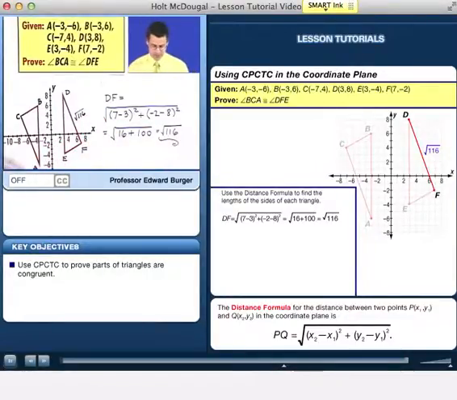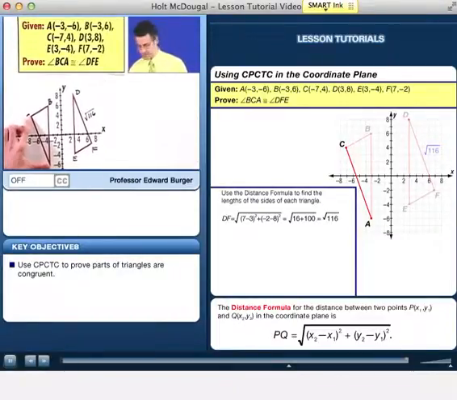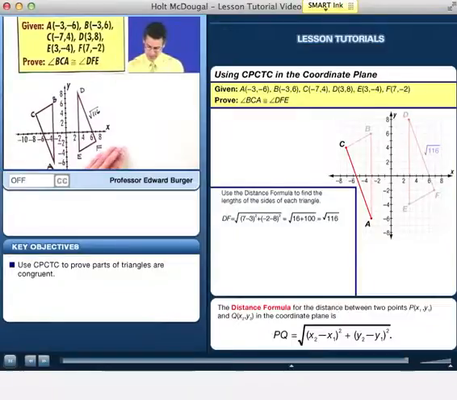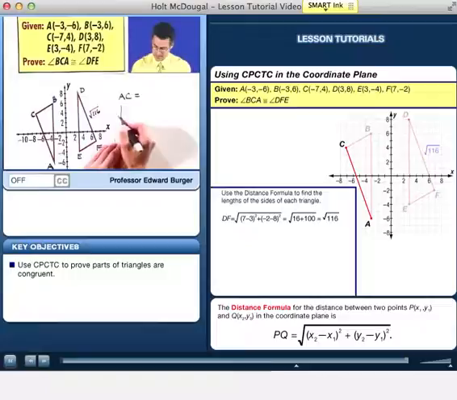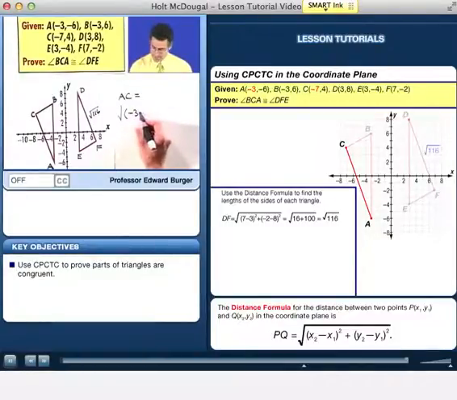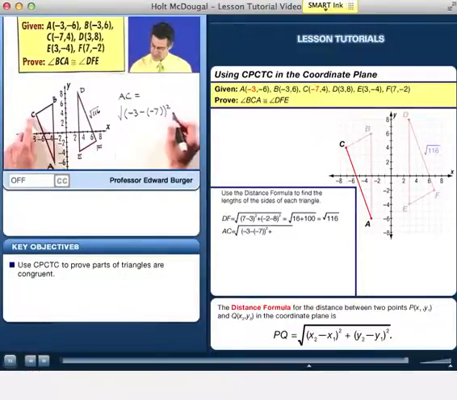Let's actually compute, just for fun, this length, and let's hope that it works out to be the same. So now I'm going to find the length AC. Well, that's a square root. What I'm going to take here is the x-coordinate here, which is -3 minus -7, all squared, plus the y-coordinate here, which is -6 minus the y-coordinate here, which you see is 4.